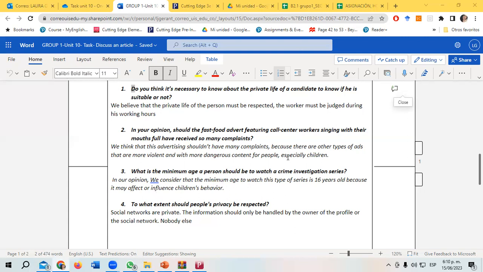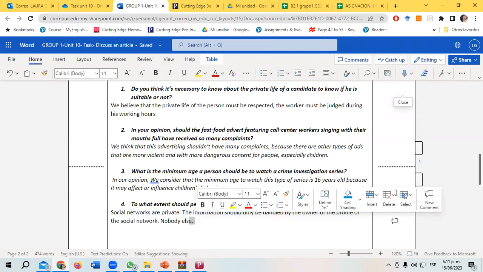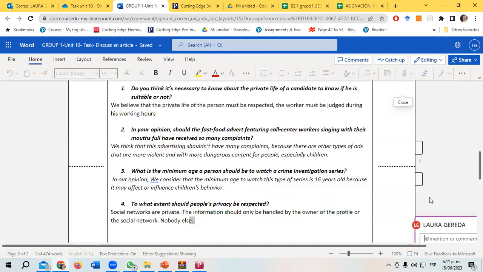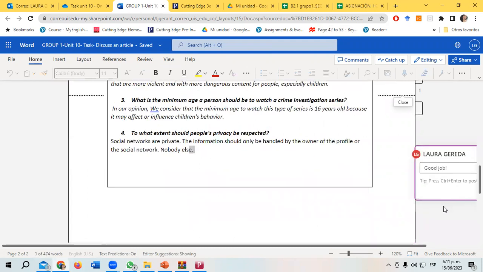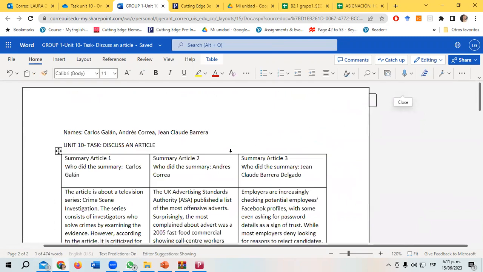And number 4, to what extent should people's privacy be respected? Social networks are private. The information should only be handled by the owner of the profile or the social network, nobody else. Okay, it's good. I like your questions and they have good answers. So good job on this part. Thank you, Carlos, Andres, and Jean-Claude.